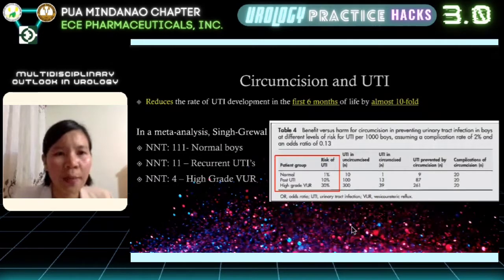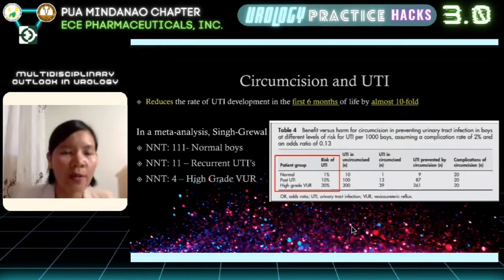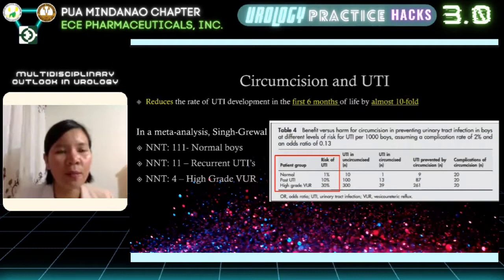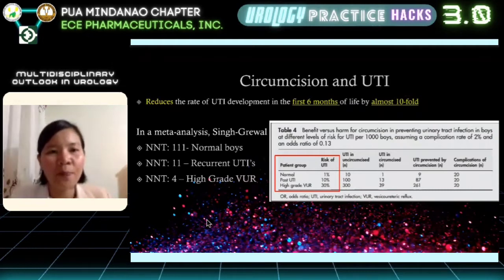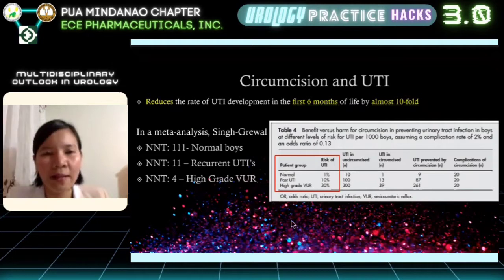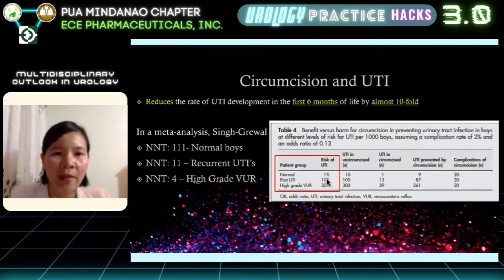So can we recommend doing circumcision for all newborn boys? There was a meta-analysis done by Singh-Grewal where they identified that normal healthy boys only have a 0.5 to 1% risk of developing UTI.